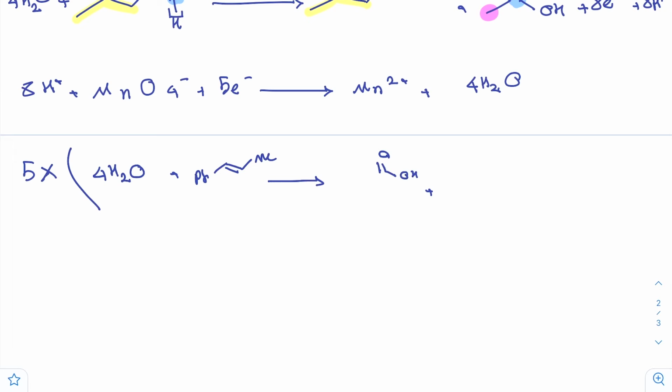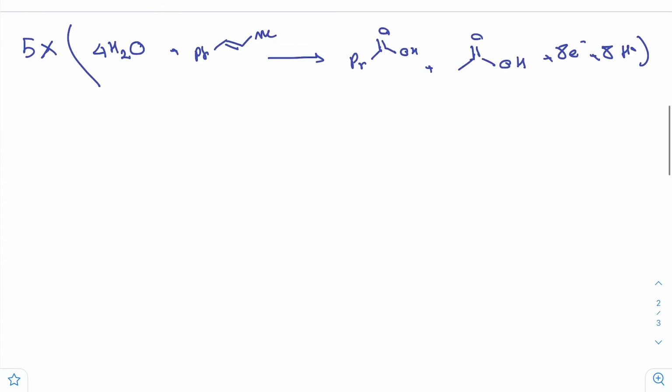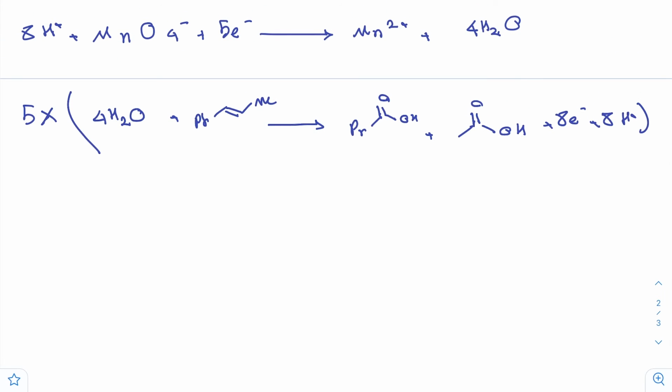So then we have a PR, and then we have that plus 8 electrons plus 8 H pluses, and then multiply the oxidation half reaction by 8, and what that is going to do for me is ascertain that the number of electrons released and the number of electrons consumed is going to be the same.